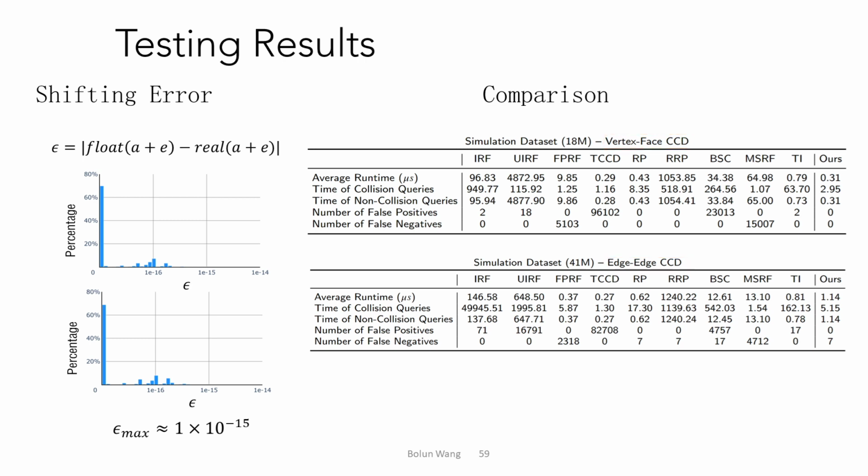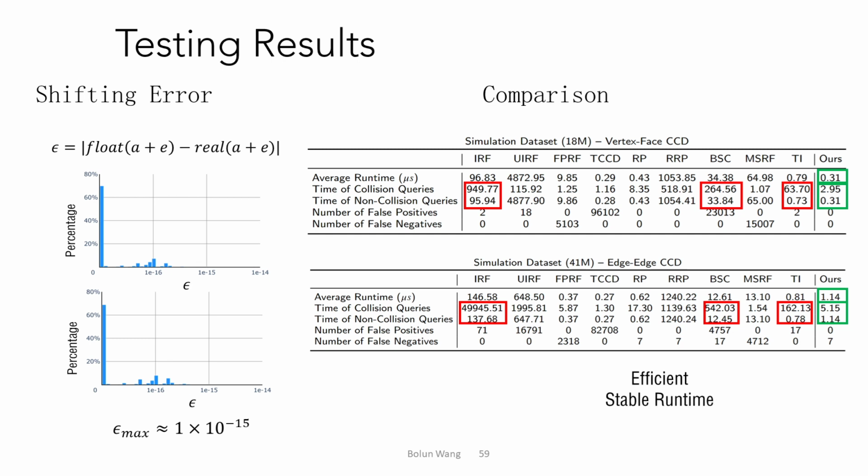The comparison results show that our method is efficient, more stable in runtime compared with IRF, DSC, and tight inclusion. Our method generates no false positives, although it will miss collisions when there are 2 roots, but we only found 7 cases in the simulation dataset, which are really rare.